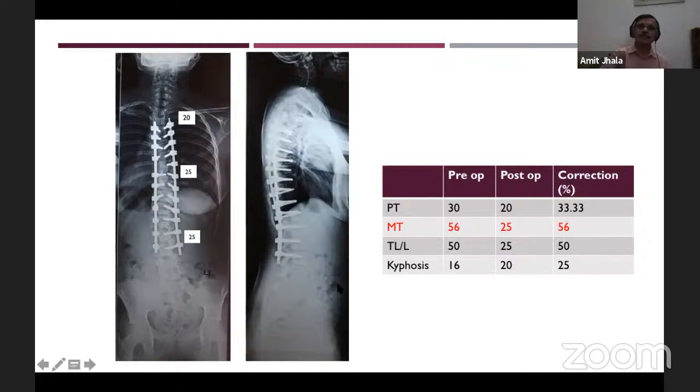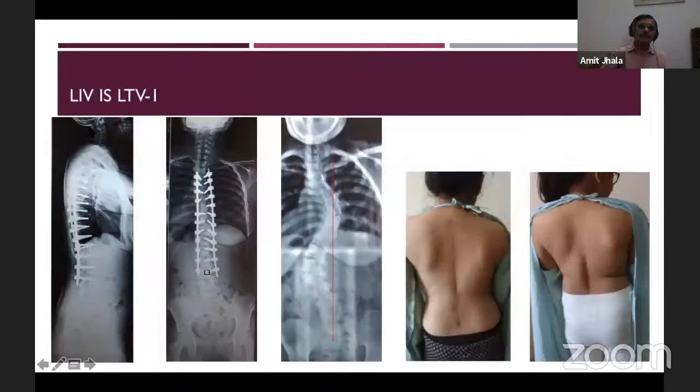You can see the kyphosis and the rest had very good correction. So LIV was last touch vertebra minus 1 in this patient, and this is what the patient looked like clinically, and you can compare the pre-op and post-op images. So this was one case, an adolescent with onset of a type 3 curve.